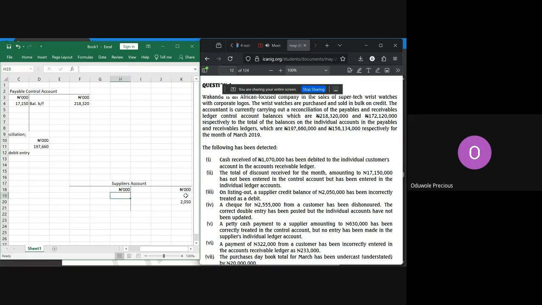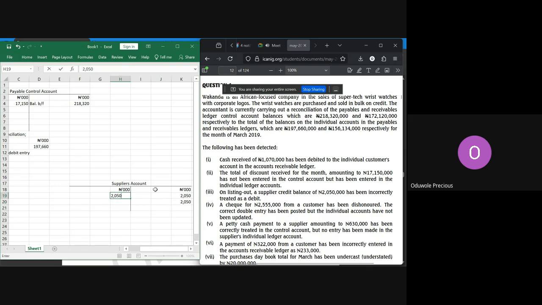This is 2050. This is also 2050. So now, how do you negate the one on this side? It's by adding another one. The debit side and credit side are the opposite of each other, so they negate each other.